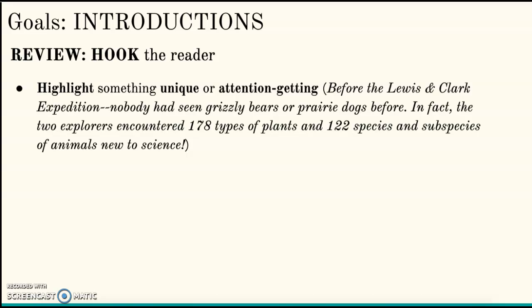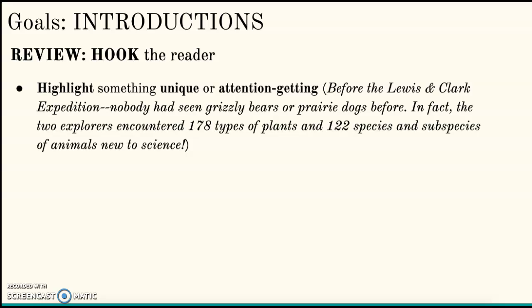Well, there are many. One way we can hook them is we can highlight something unique or attention-getting. And I'm just pretending like I'm writing a book or an all-about on the Lewis and Clark expedition. And so I'm hooking them with something unique or attention-getting that has to do with Lewis and Clark. So all of my examples will have to do with Lewis and Clark.